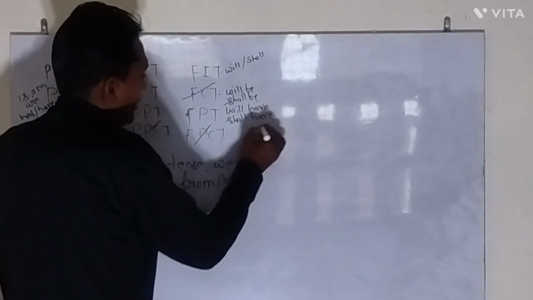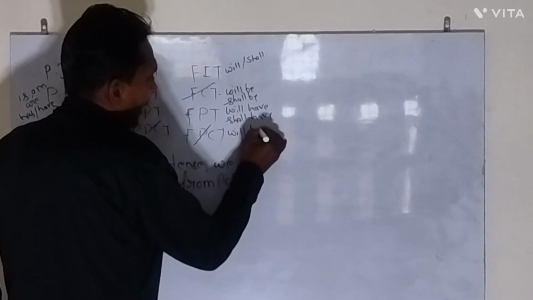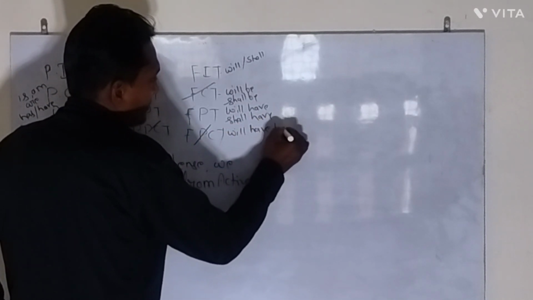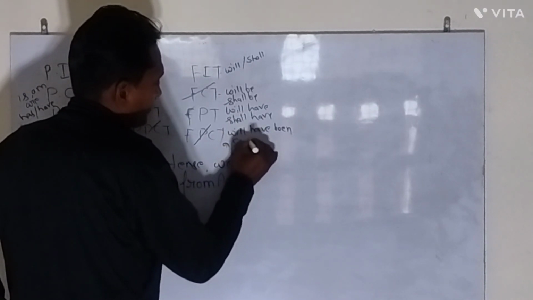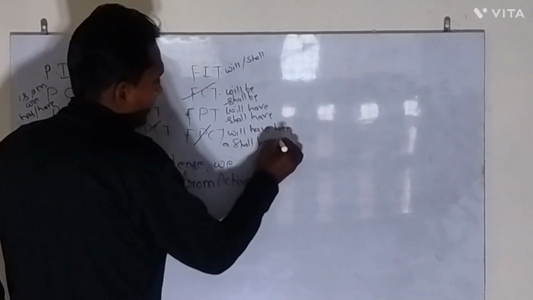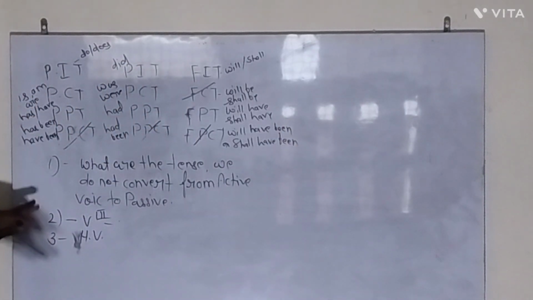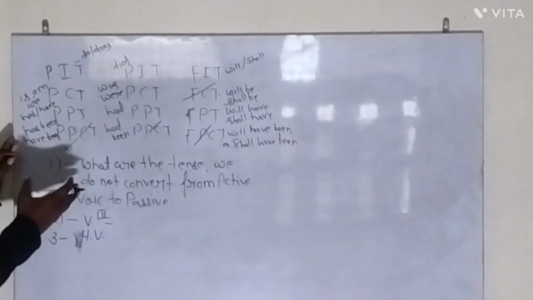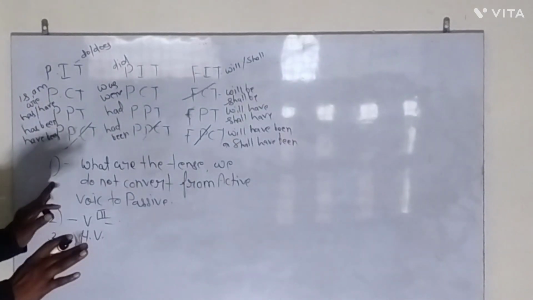And for future perfect continuous tense, the helping verb will be will have been or shall have been. So these are the helping verbs. In a very simple way we come to know these are the helping verbs, right?